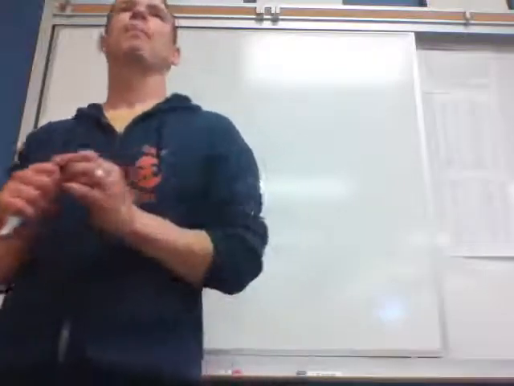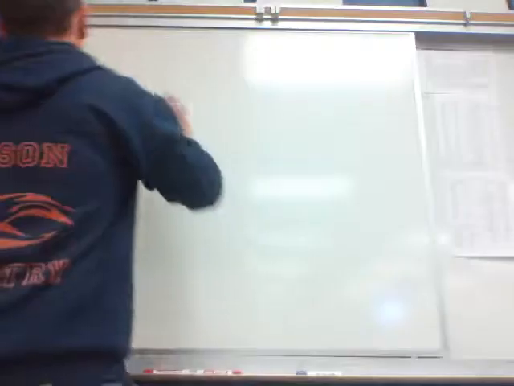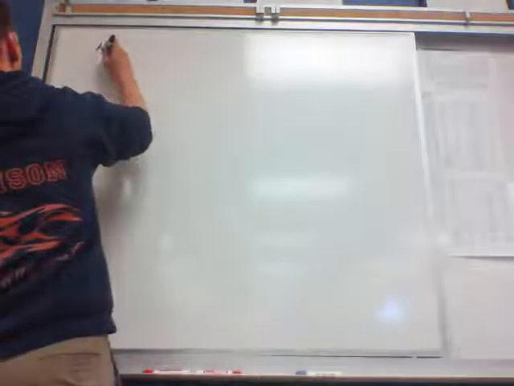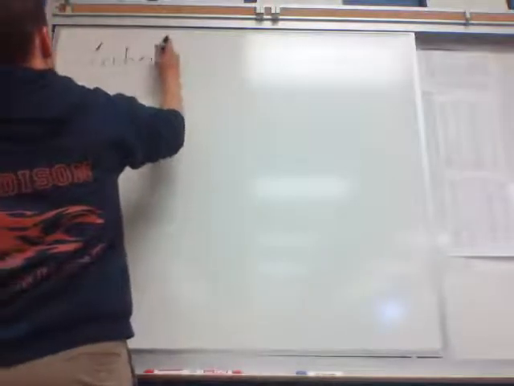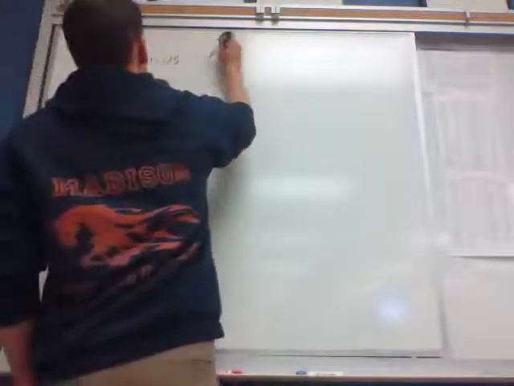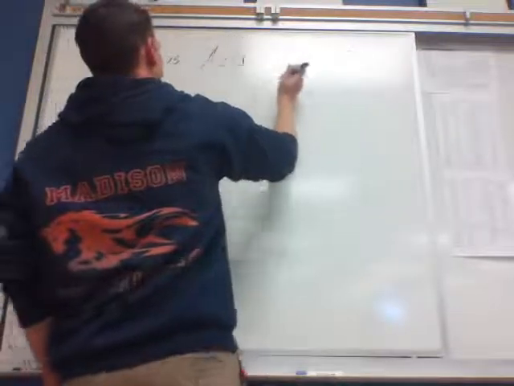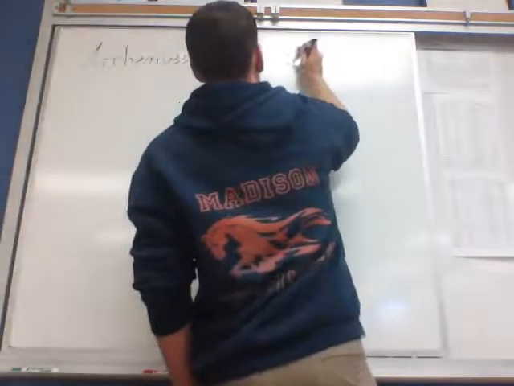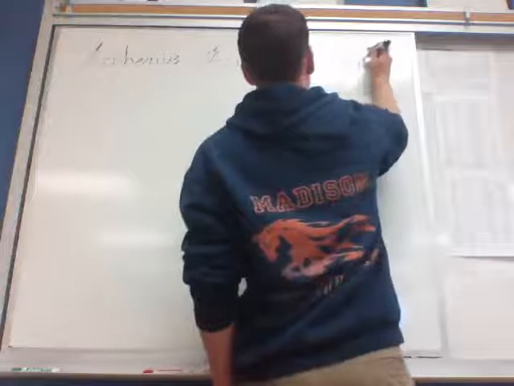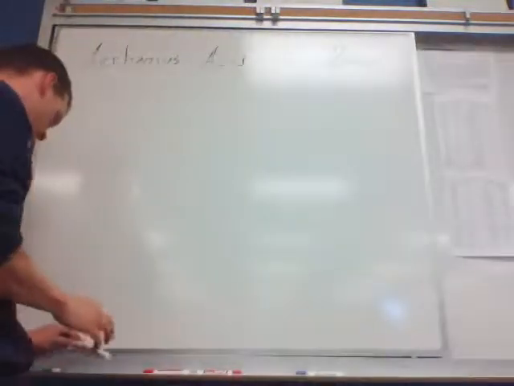So let's start to step into some of our fun vocab up here. The first big vocab word we're going to talk about is Arrhenius. We can have an Arrhenius acid or an Arrhenius base. You're going to want to draw everything I'm about to draw up here.